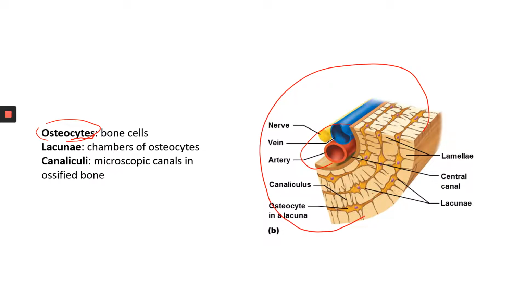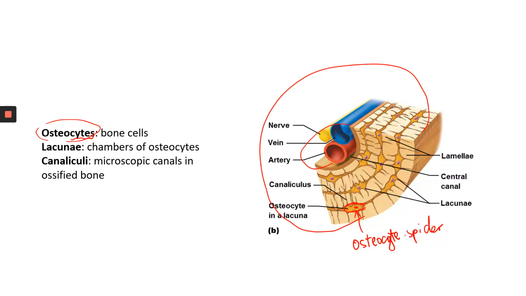Almost in between two lamellae layers, you see a darker line. Each has a spider-like structure like this, and you can actually see a cell nucleus there. This is one osteocyte. There are more of these spider-like structures.